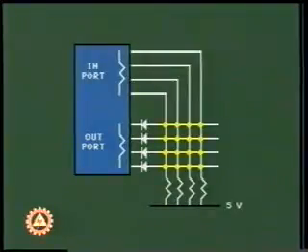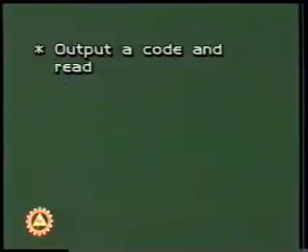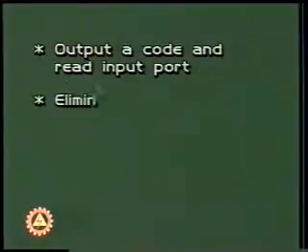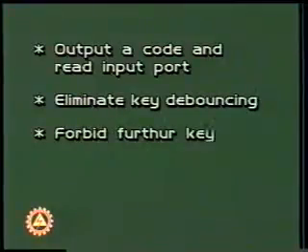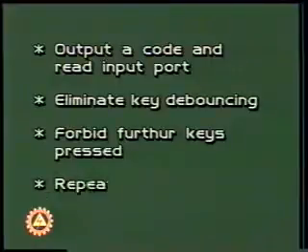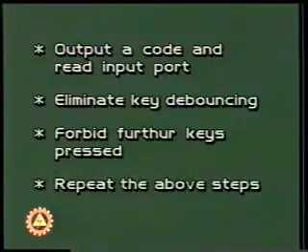This way, in and out ports can be used to identify a key being pressed. The software requirements for the keyboard interfacing are: output a code and read the input port, eliminate key debouncing, forbid any other key being pressed, and do all these operations in a loop. These tasks will load the microprocessor sufficiently.